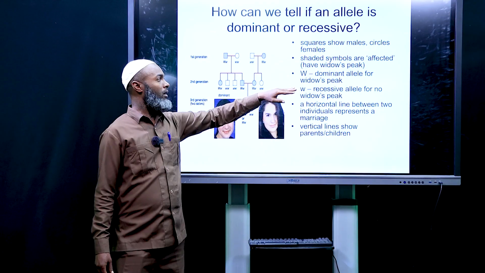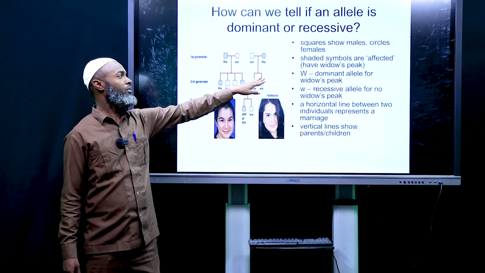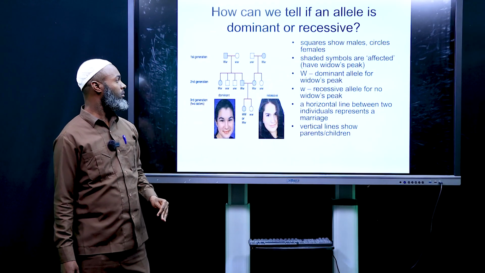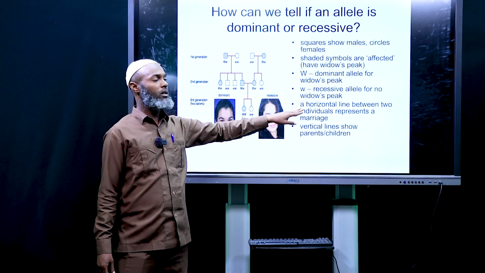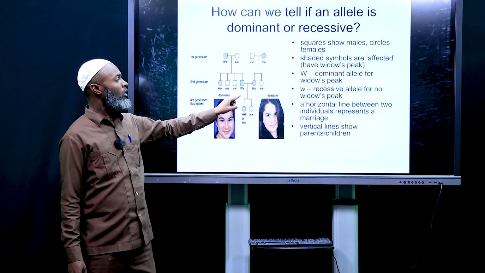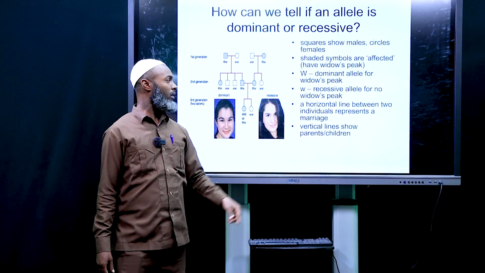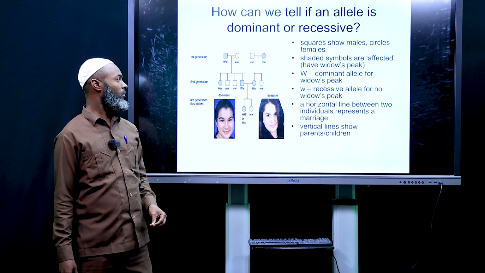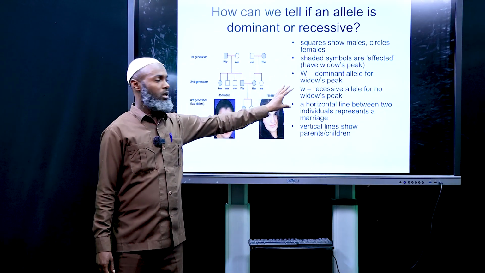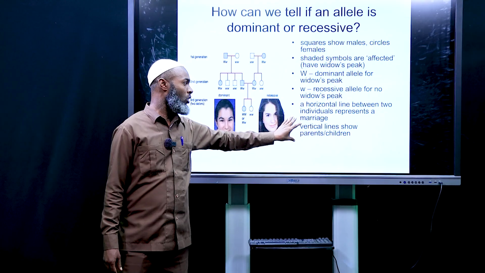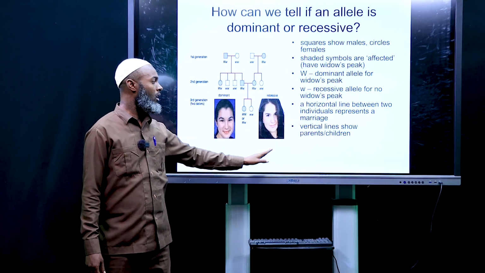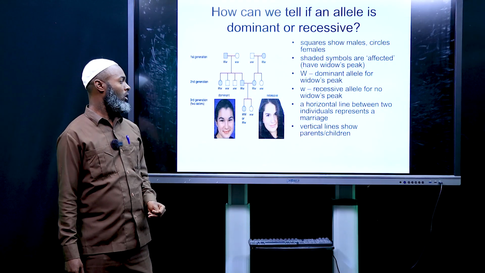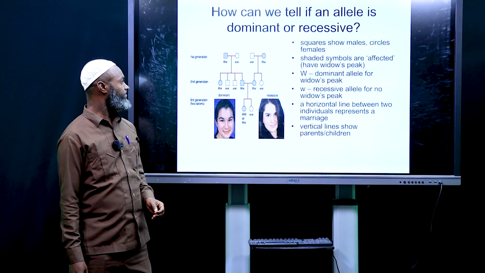Shaded symbols are affected, have widow's peak, and W is the dominant allele for widow's peak, and small w the recessive allele for no widow's peak. The horizontal line is the symbol for marriage, and the vertical lines show parents or children.